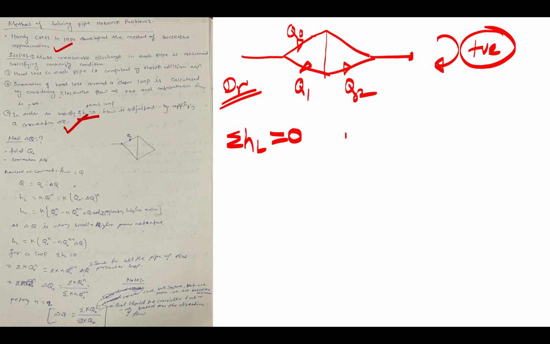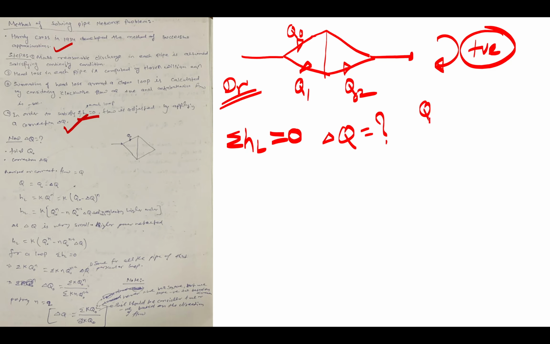So now how you will calculate your delta Q, that is your correction discharge, because initially we have assumed your discharge Q, that is Q naught, but this is not correct. We need to provide the actual one, and how will we calculate this actual one?